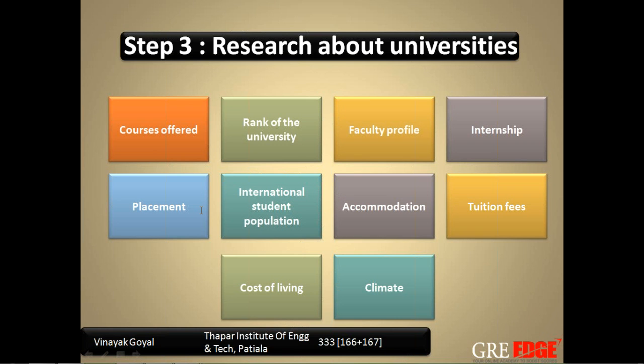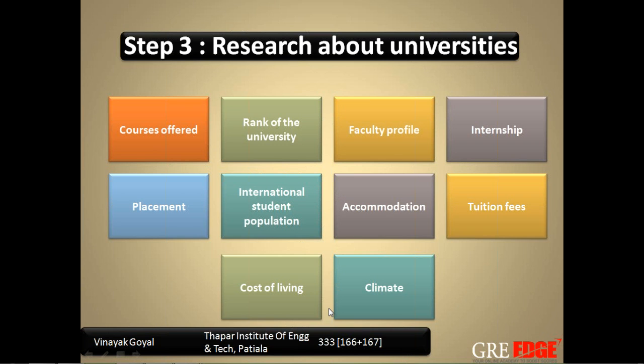Now, finally, in step 3, the climate is also very important, because some of the students who go to the US face problems regarding climatic conditions. In the northeastern part of the US, you will face a very tough winter climate. There'll be snow, and winters throughout the year.